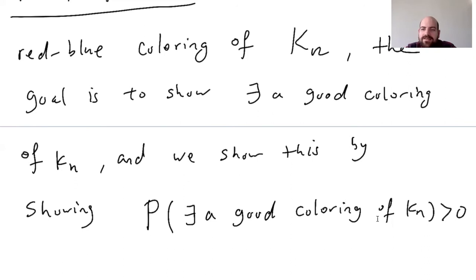And that shows the existence of the structure that we want. So if I show that the probability of existence of a good coloring of Kn is positive, that means there exists a good coloring of Kn. Because the only way for probability to become positive is that at least one such structure exists.